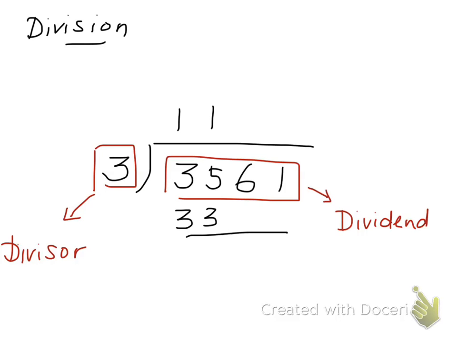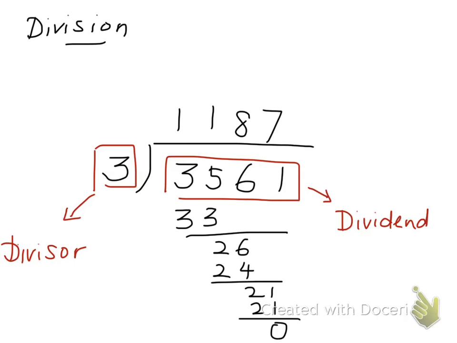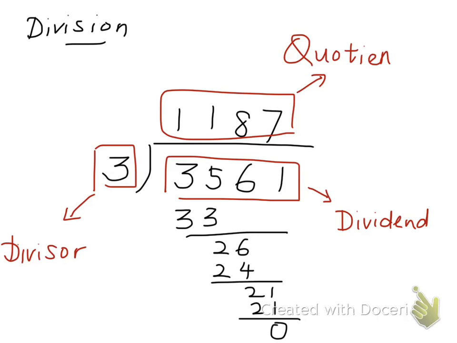Is that okay? So this is 26, and then 8, and then 7. Let's go back again and say, what is this number called? Very good, it's called the quotient. What is this 0 there? Remainder.